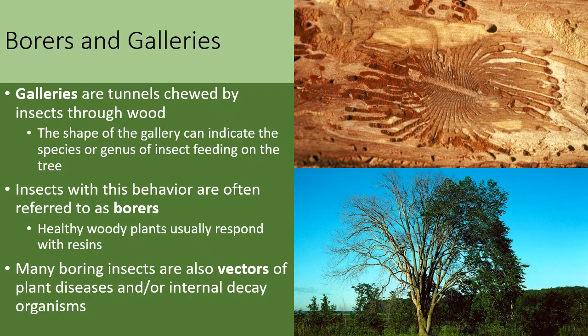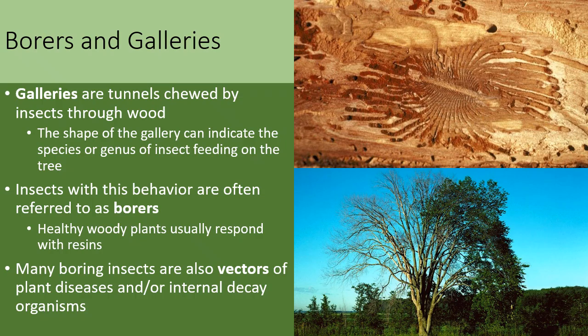Some insects, like the pine bark borers, will deliberately transmit internal decay organisms. And the fun thing about that for them is that the fungus that eats the wood is actually one of the food sources that the beetle larvae of pine bark beetles rely on.